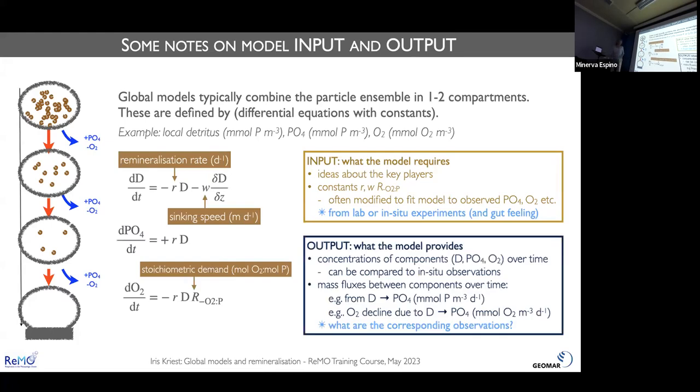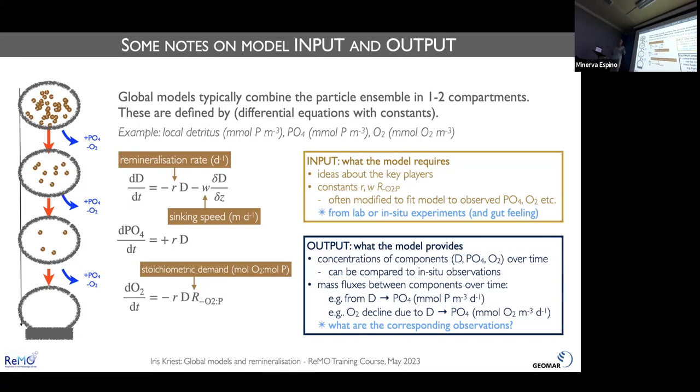What the model then provides us is, it steps this time rate of change forward in time, and it does so globally, because we are talking about global models. So at every point in the ocean, it will time step this equation forward in time, day 1, day 2, year 1, year 2, and so on.